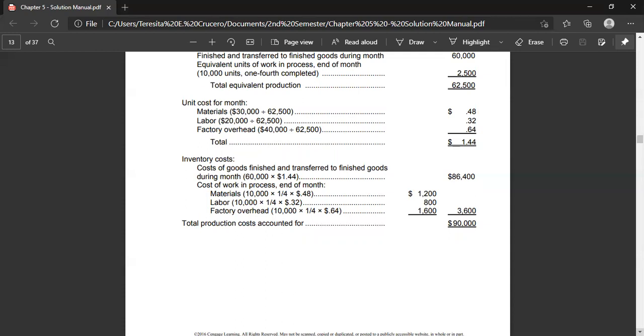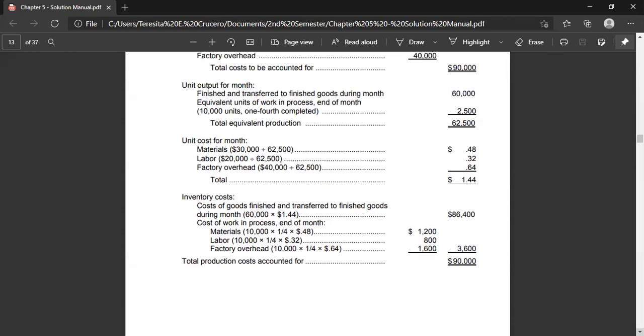Then for labor, it's times 0.32, and factory overhead is 2,500 times 0.64. So all in all, we have the cost of the work in process end of 3,600.